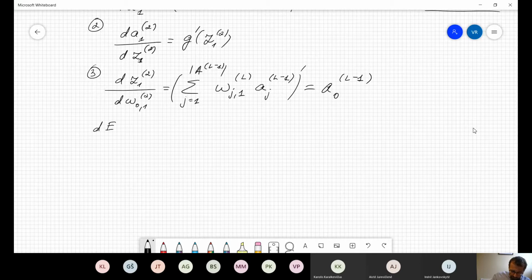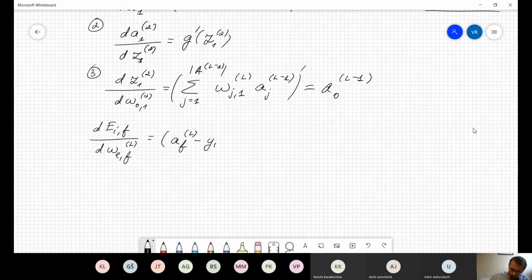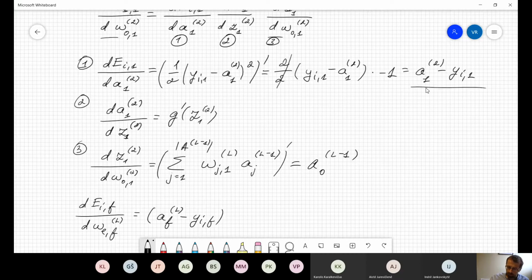So the derivative of the error with respect to some weight, which we will define for the neuron connected, is equal to A on the final layer, minus Y. So this is the first part, which is what we calculated, right?